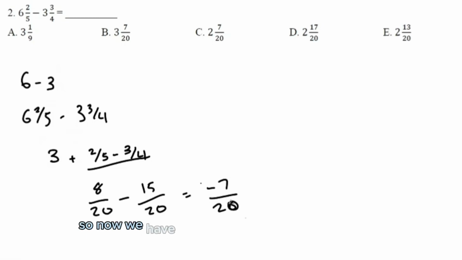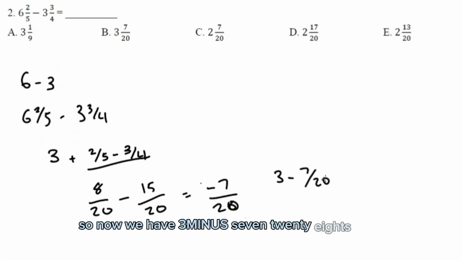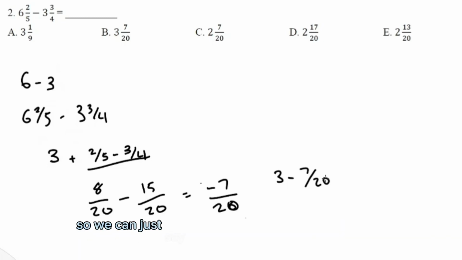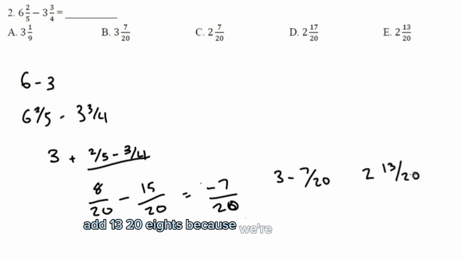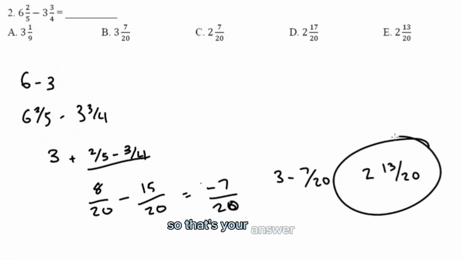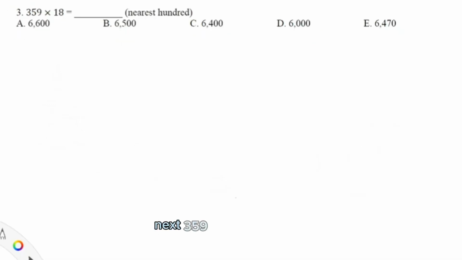So now we have 3 minus 7/20. Okay, so we can just say that 3 minus 7/20 is 2 and 13/20 because we're getting rid of 1 and then we're subtracting the 7. So that's your answer.